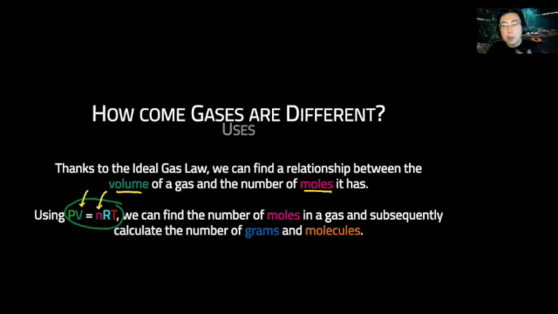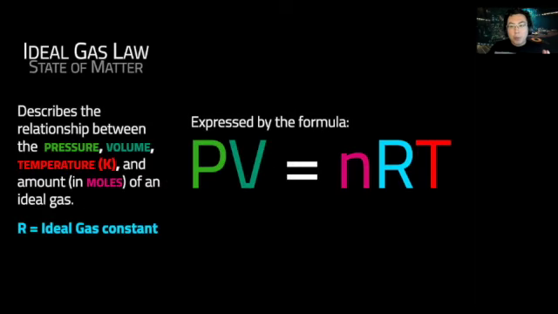So this is a perfect tool to convert between different units, specifically from liters to moles or moles to liters, liters being the unit of volume that we will be discussing. A quick reminder of the ideal gas law: we include pressure in atmospheres (atm), kilopascals, or millimeters of mercury.